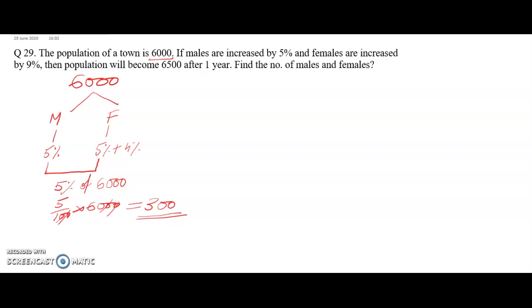But in this question it's given that in total the population is 6,500 after 1 year. So that means 6,500 minus 6,000. In 1 year the increase is how much? 500. So 500 is increased.